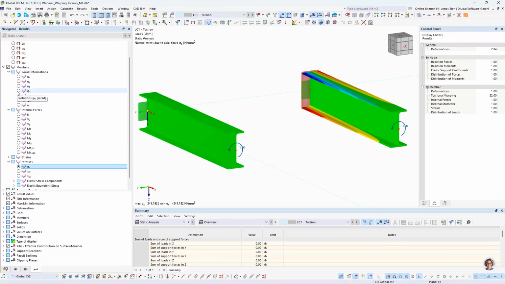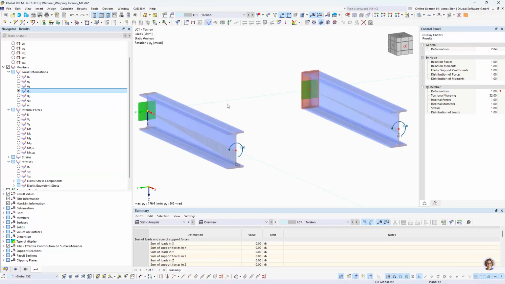We can also compare the rotation of both members, because what this warping restraint also does, it increases the torsional stiffness of this member and the resistance against torsion. So we can see that at the free end of the cantilever, we now have end rotations that are much smaller than in our reference system.